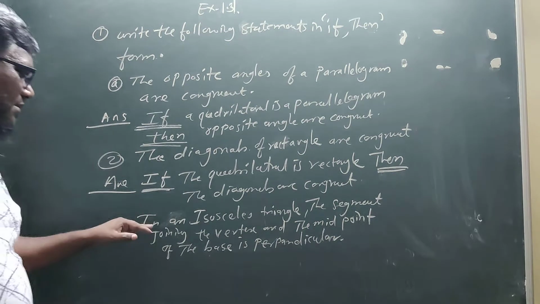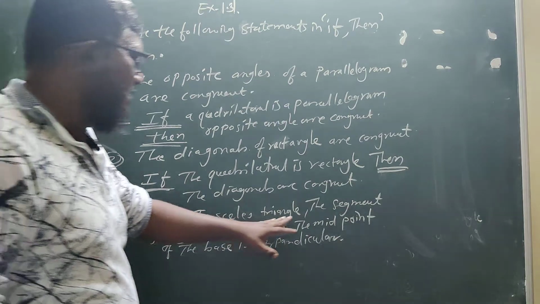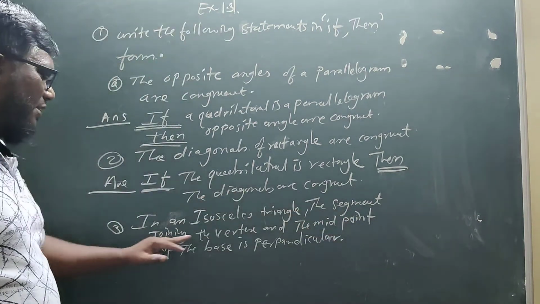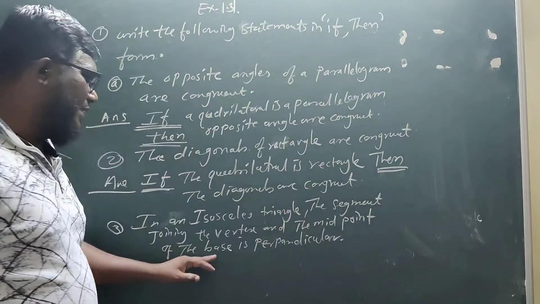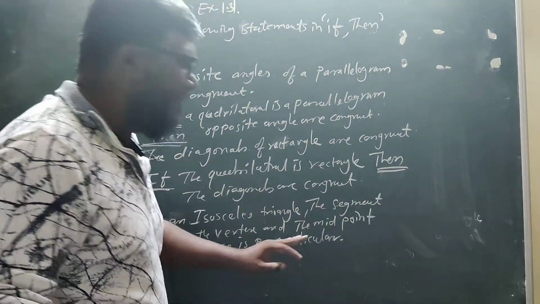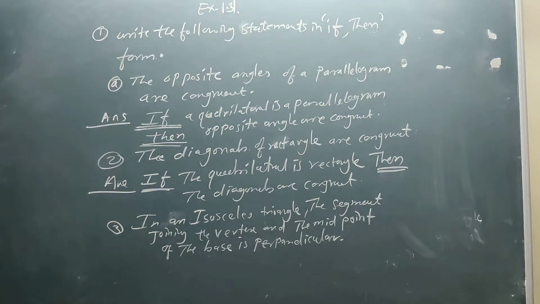Now the third statement is given: in an isosceles triangle the segment joining the vertex and the midpoint of the base is perpendicular. Now we have to write the answer.